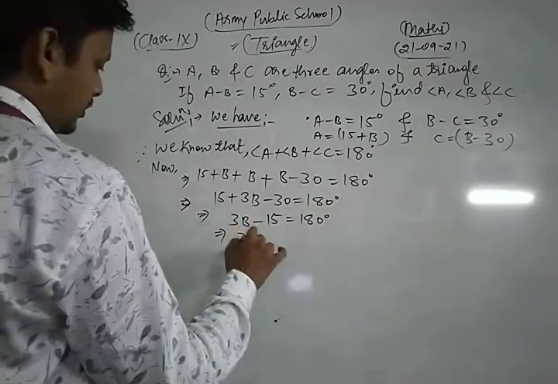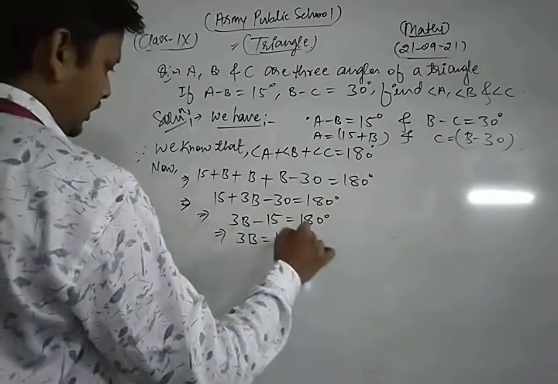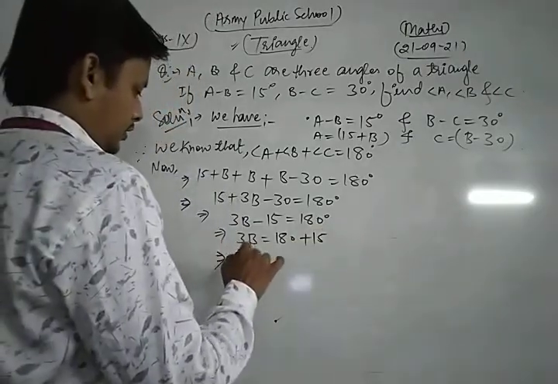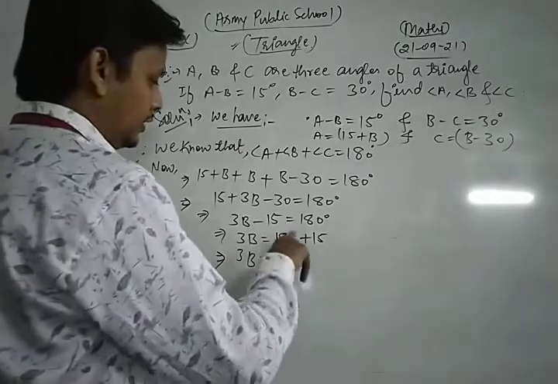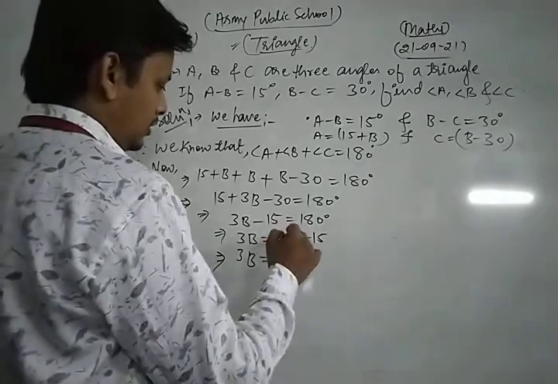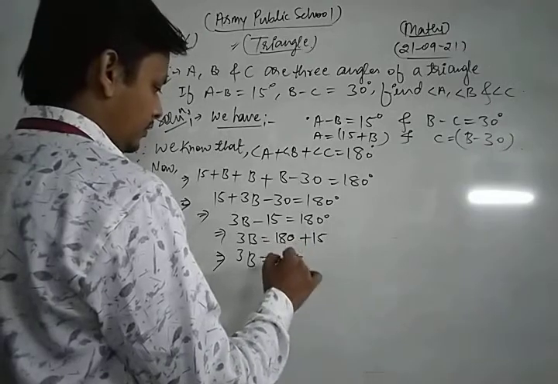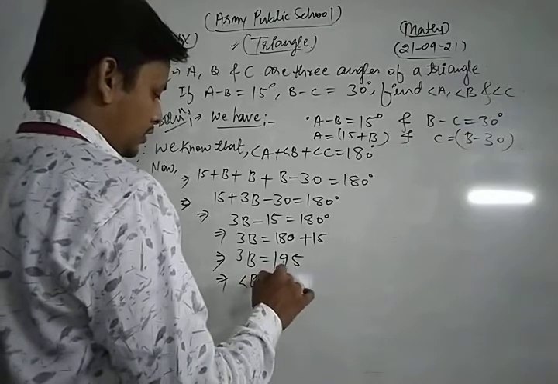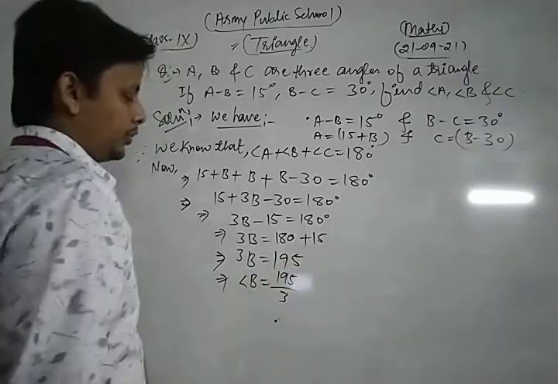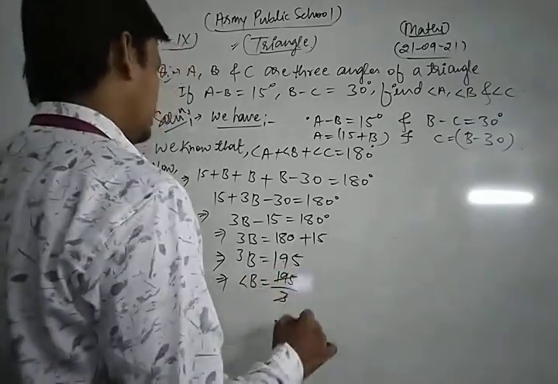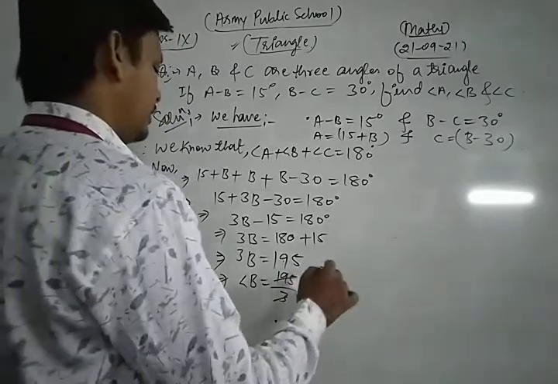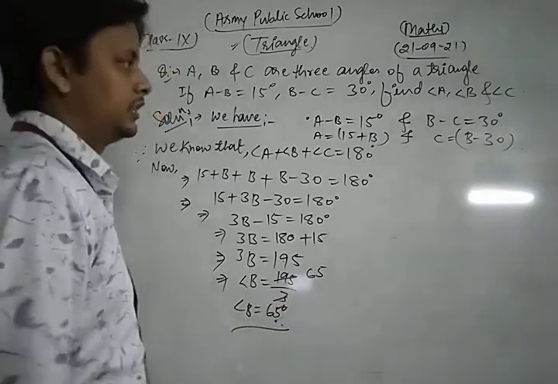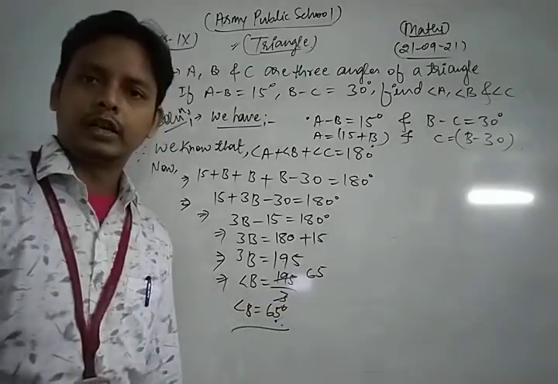So 3B is equal to 180 plus 15, that is 195. So the value of angle B is 195 upon 3. 3 sixes are 18, 3 fives are 15. So angle B is equal to 65 degrees.